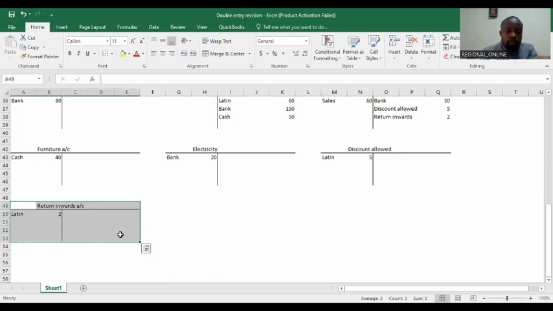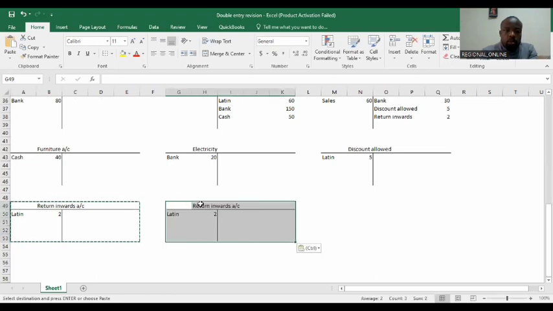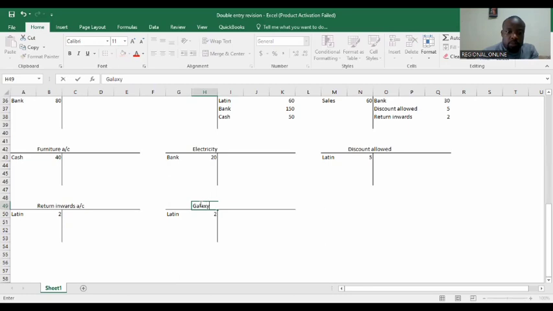This is my Galaxy Limited, and this is now my creditor. A creditor is a liability because you have to pay it. When a liability is increasing, you credit, and because you are buying goods worth 70, purchases, which is your stock, is increasing.